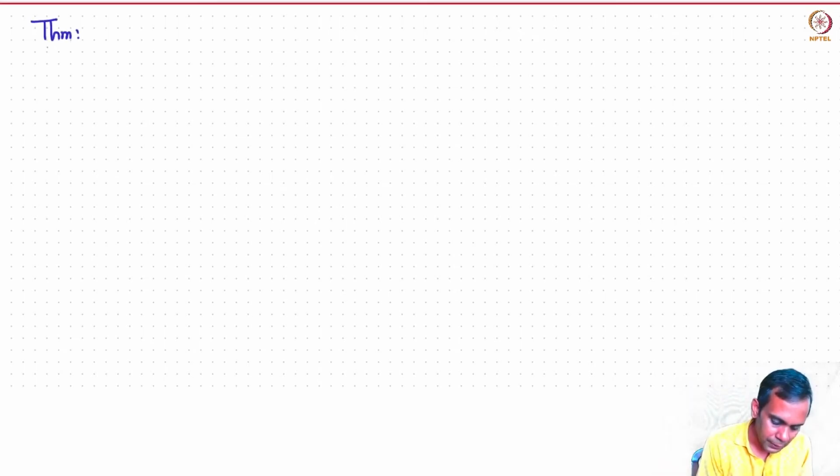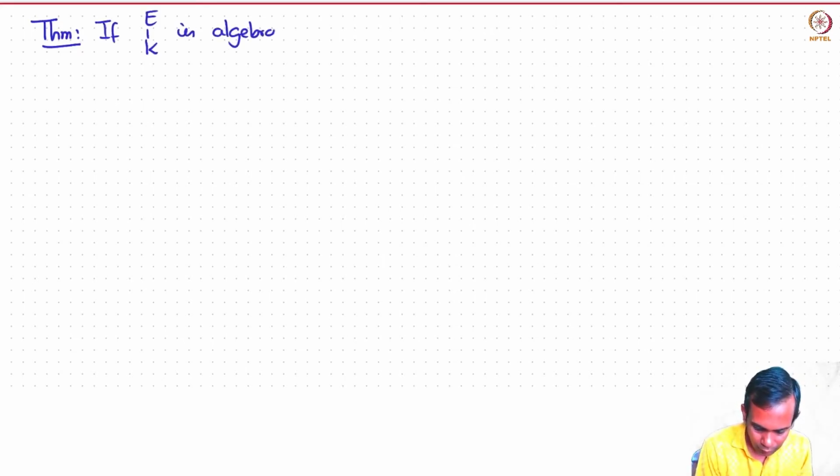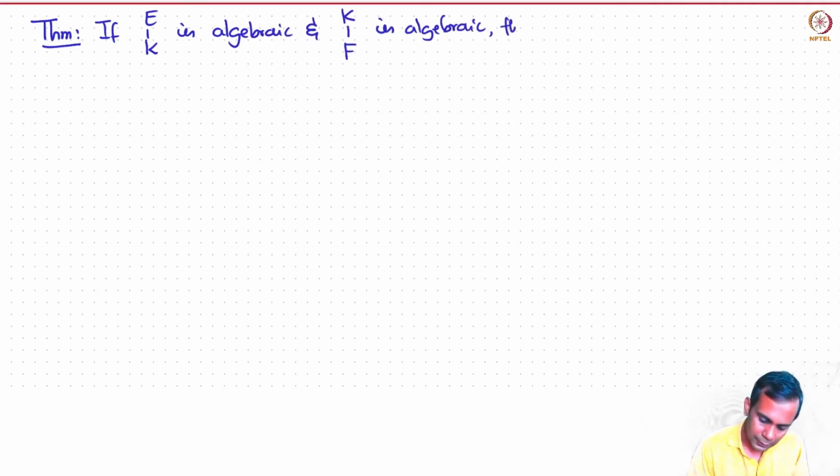So the theorem states that if E over K is algebraic, and K over F is algebraic, then E over F is algebraic.